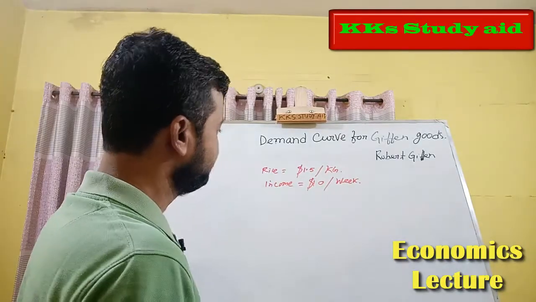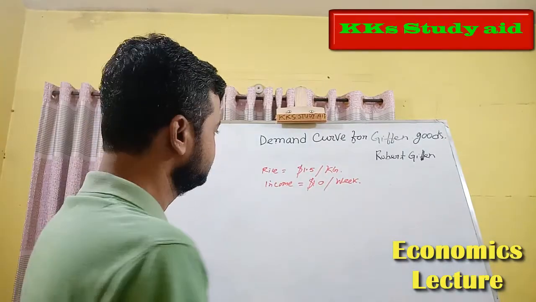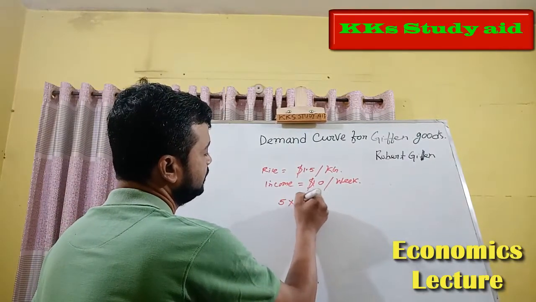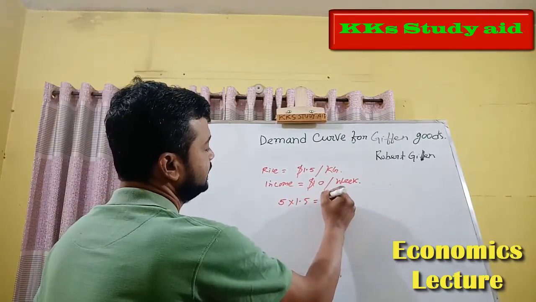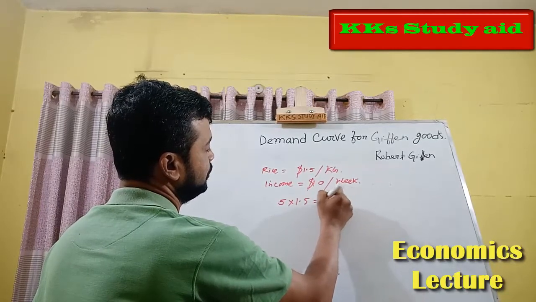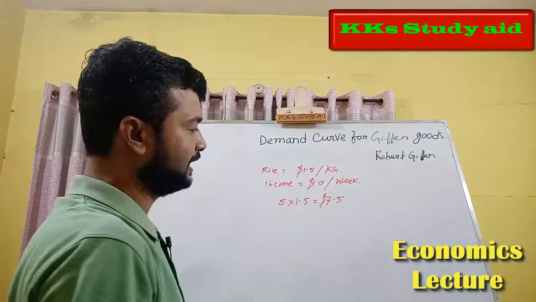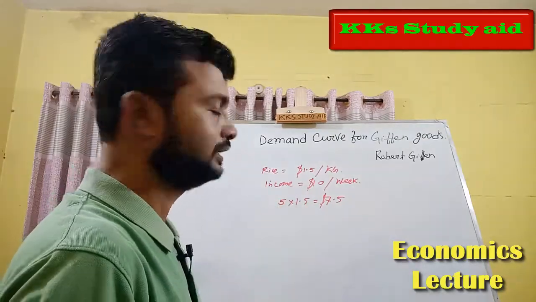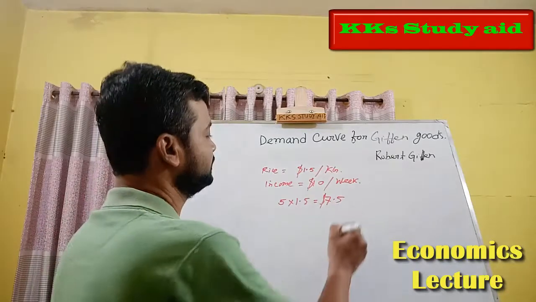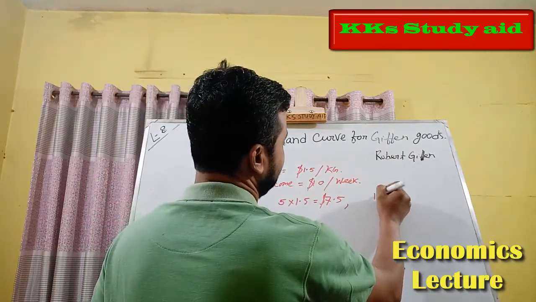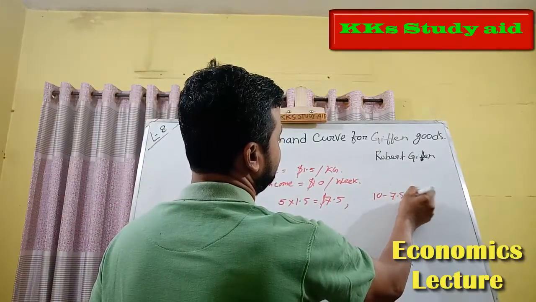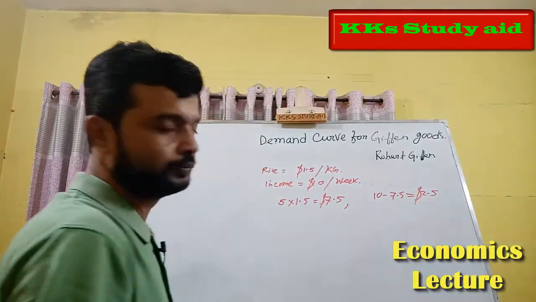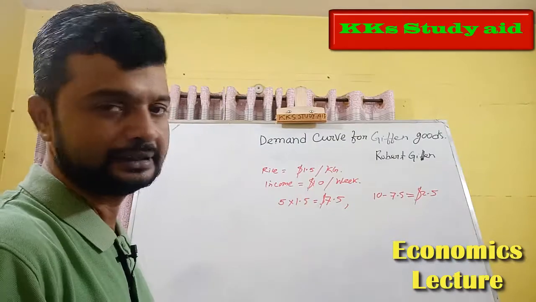He needs 5 kg of rice in a week, so he will require 5 into 1.5, that is $7.5 for purchasing rice. He will spend $7.5 out of his $10 income in a week, so he is left with only 10 minus $7.5, that is $2.5.